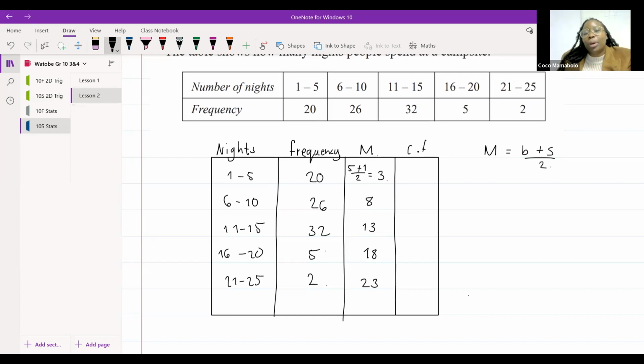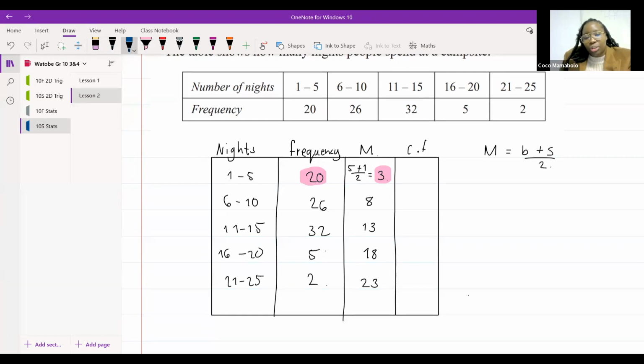All right. So what we're going to do then, guys, to find the cumulative frequency, is take the frequency and multiply it by the midpoint. To find the midpoint, we take these two numbers, add them together and divide by 2.